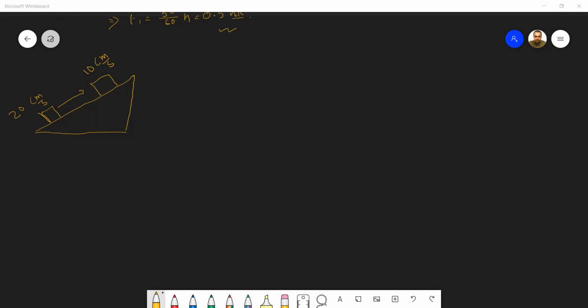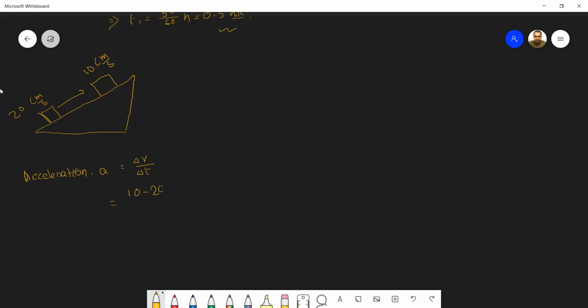What is the acceleration? Again, it's quite simple to calculate. So acceleration, suppose A, is nothing but the change in velocity divided by time. How much change in velocity is there? 20 centimeter per second initial velocity and 10 centimeter per second final velocity.